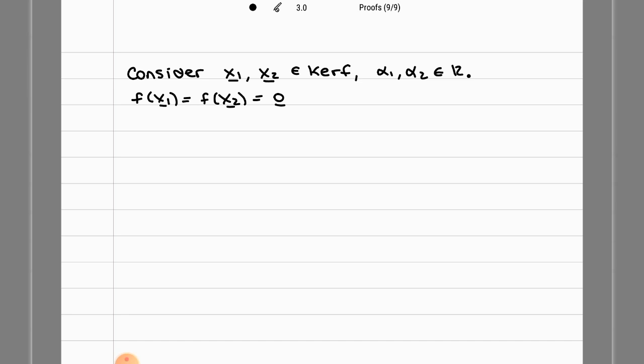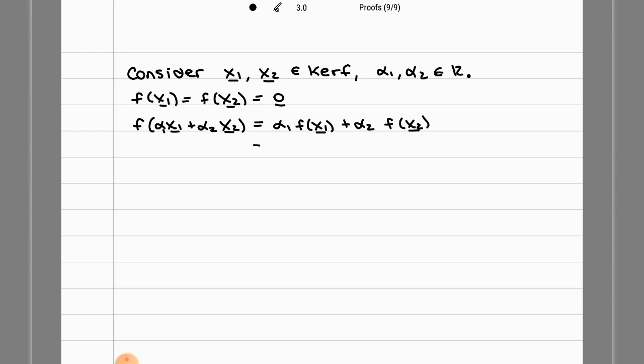So again, using the properties of linear functions, we can say that if we want to take f of alpha 1 x1 plus alpha 2 x2, we can rewrite this, again using the additivity and homogeneity properties, as alpha 1 f of x1 plus alpha 2 f of x2.